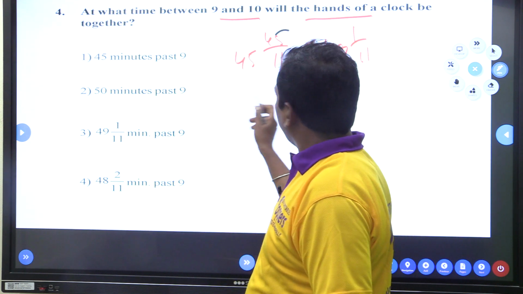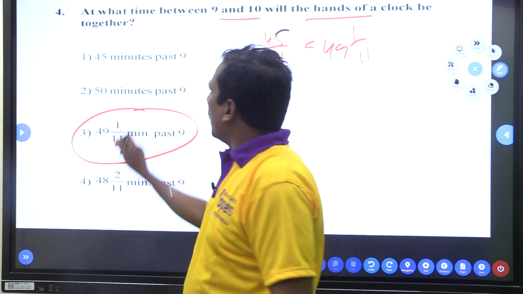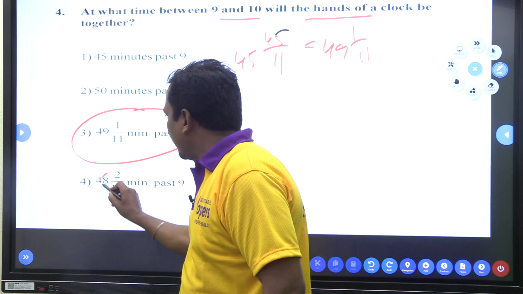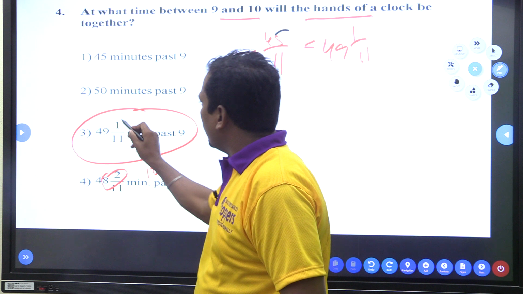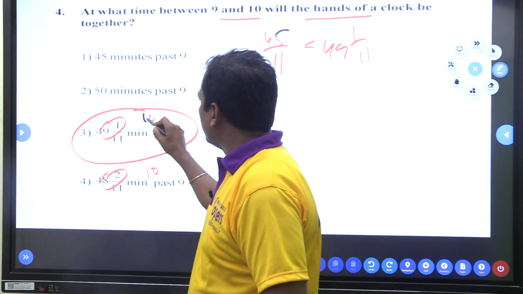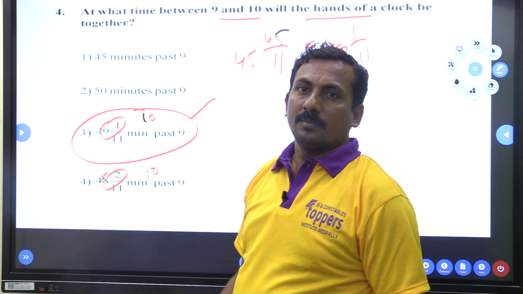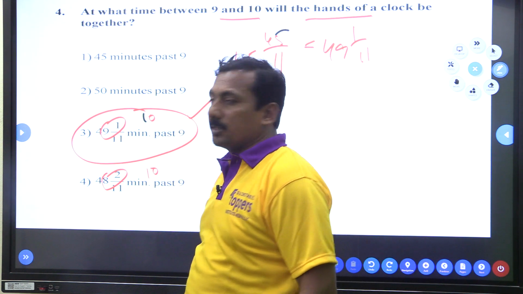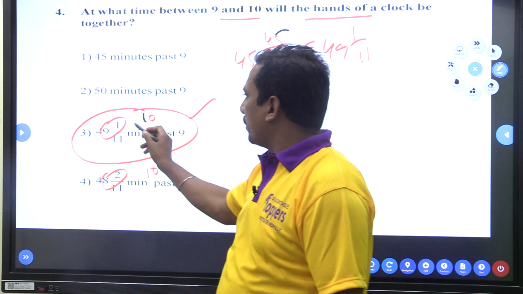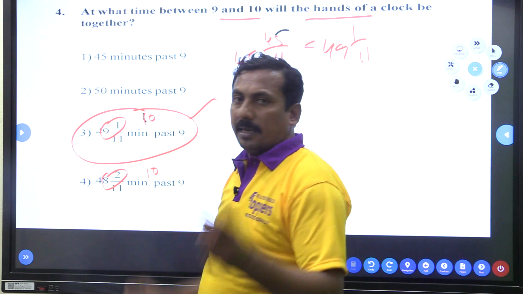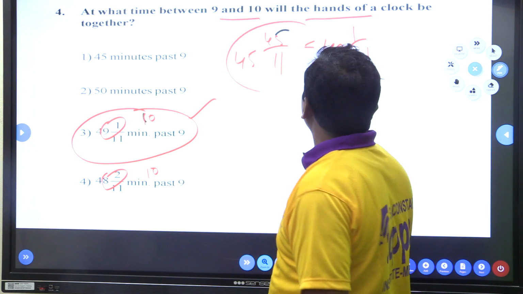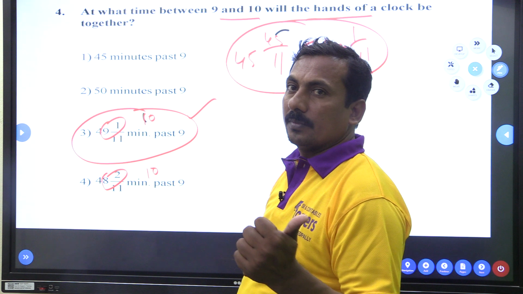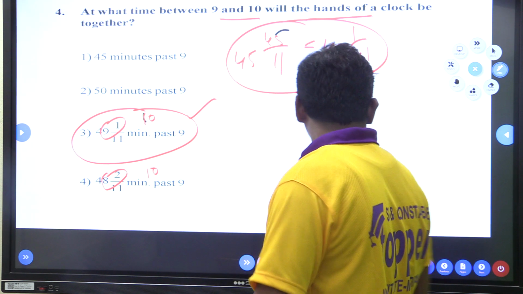So 49 of 1 by 11 is the answer. Or the shortcut method: here 8 plus 2 is 10, and 9 and 1 is 10 also. Which one is the right answer? This one is right. Clear? When the given options are both 10 and 10, at that time please go to this method, minutes by 11. I hope you understand.